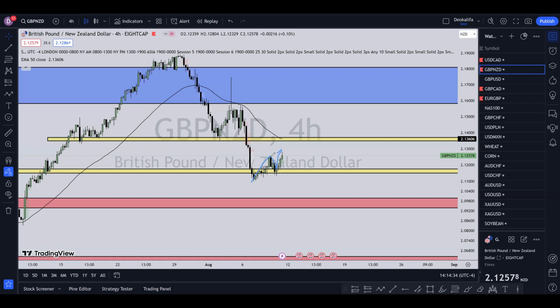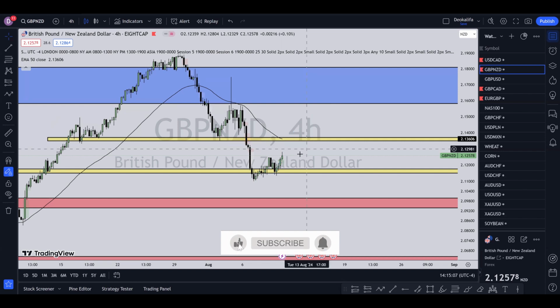This is like a break of structure, but I believe that if we have price action like this, we can take long entries here with stop loss here, but it might be kind of risky. So a better entry, I believe, if we are able to break this resistance and support it, we can take longs to the upside.